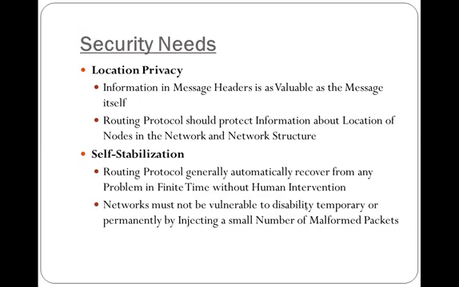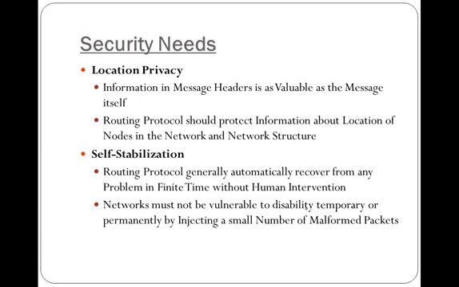So routing protocol should protect information about location of nodes in the network as well as the network structure. Then self-stabilization, which is another security need. Routing protocol generally automatically recover from any problem in finite time without human intervention.